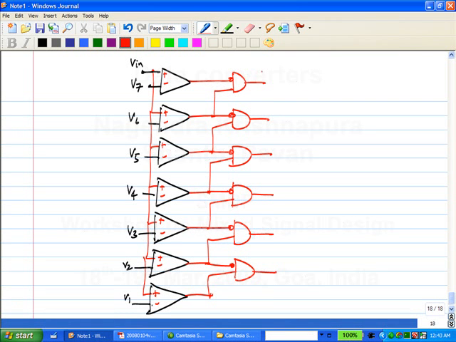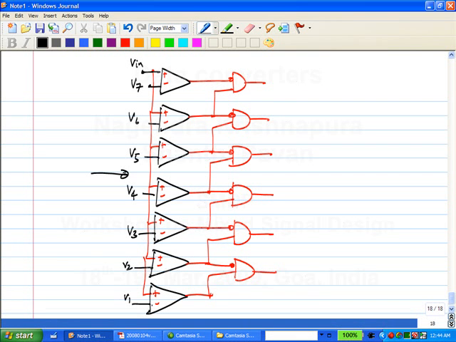Okay. So let's say the input is lying between V4 and V5. So in other words, the input lies somewhere here. Can you comment on the outputs of the comparators? Pardon? Yeah, that you can do very easily, right? Because if you restrict the input to lying between 0 and Vref, then you know that if it is greater than V7, it automatically has to lie in the last bin. Similarly, if it is less than V1, it has to lie between 0 and V1. So what he was asking was, don't you need another extra comparator which will compare Vin with Vref? Clearly that's not necessary because we can reuse the output of the topmost comparator.